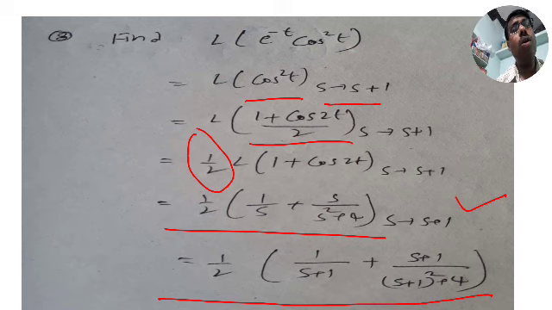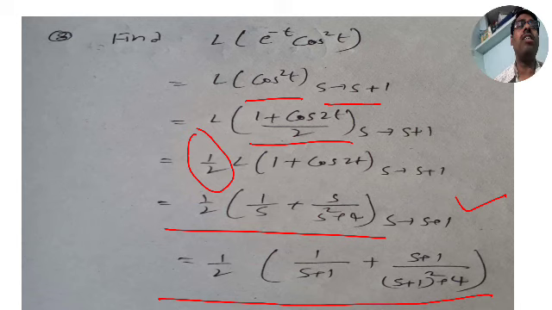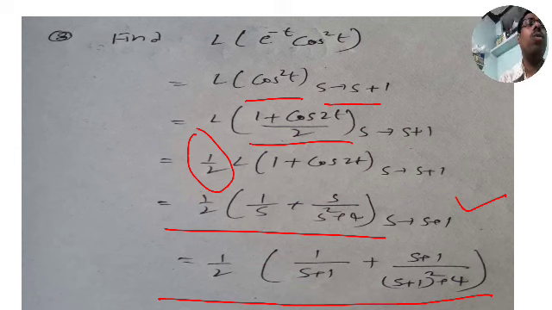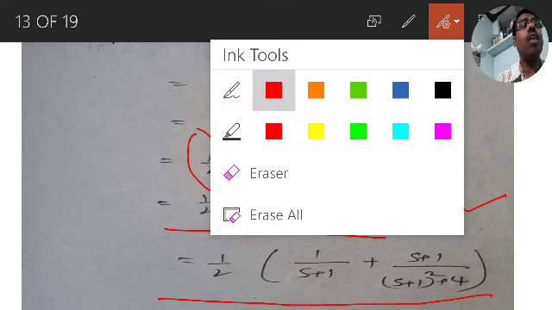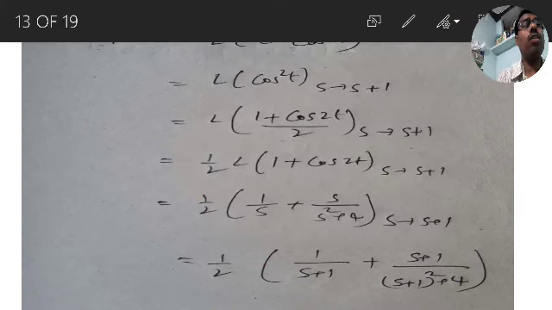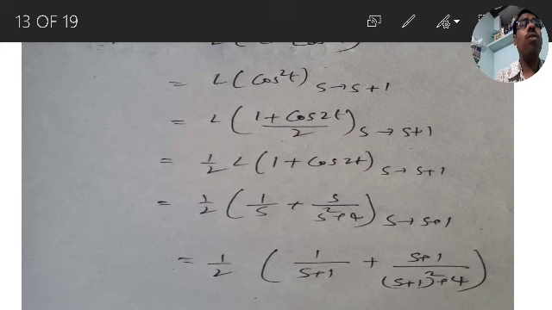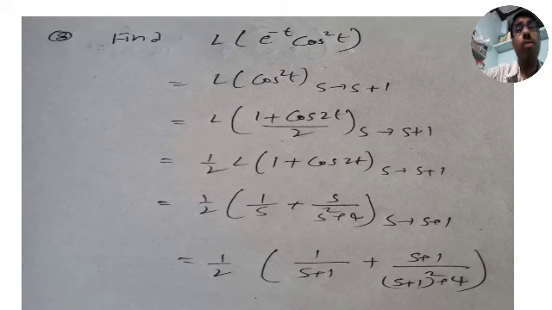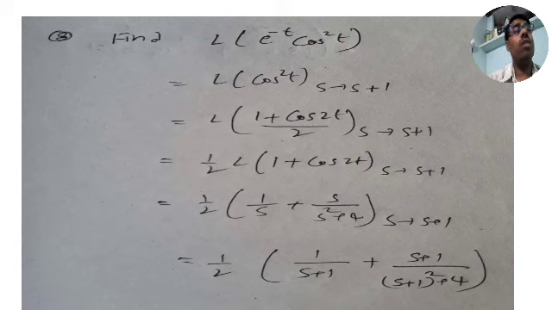Then we use the standard formulas, L of 1 is 1 by s and L of cos at is s by s square plus a square. So these many things are used in a single problem. That's why it comes for 3 marks in examination. So this is the 8th problem we covered.